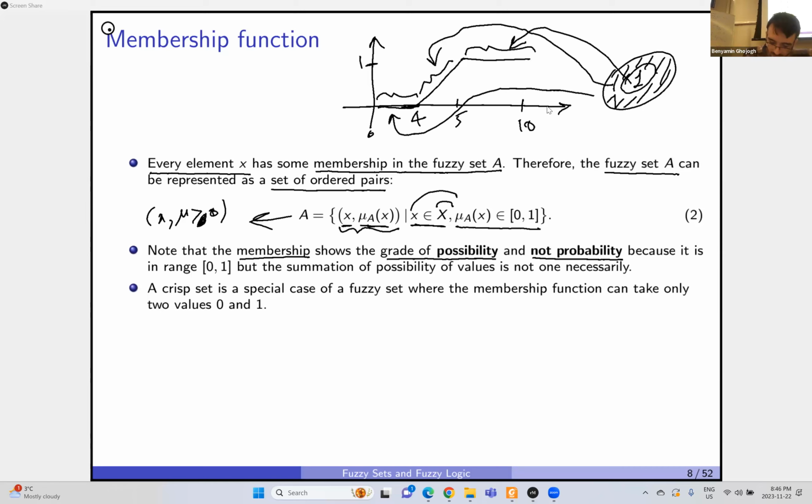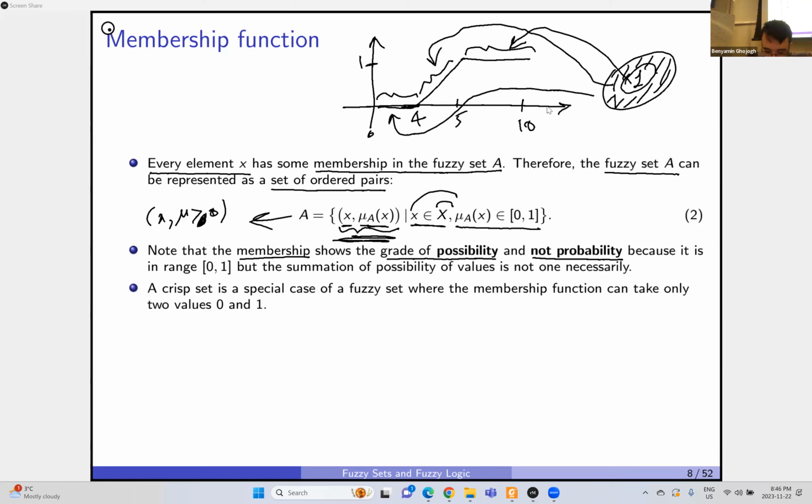For this notation, I disregard the elements which have membership 0. You can put that. But by default, when you don't put them in the set, it means that their membership is 0. Okay. I understand what a square and circular bracket is, but I didn't understand how it is related to here. But we can talk about it offline. Oh, okay. I get your point.